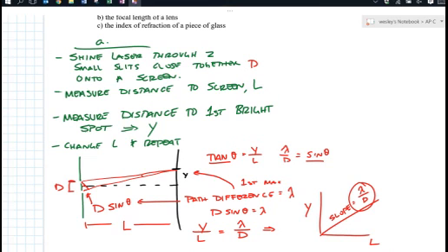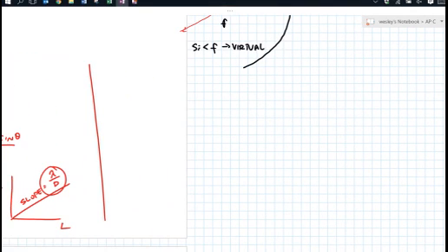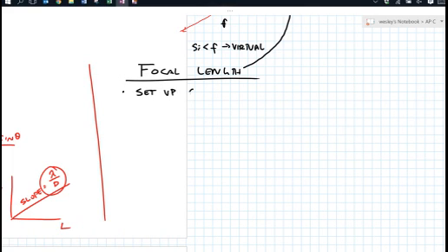All right, so to do the focal length of a lens, pick a different color. Do this right here, focal length. Okay, to find the focal length of the lens, set up the candle, the lens, and a screen.